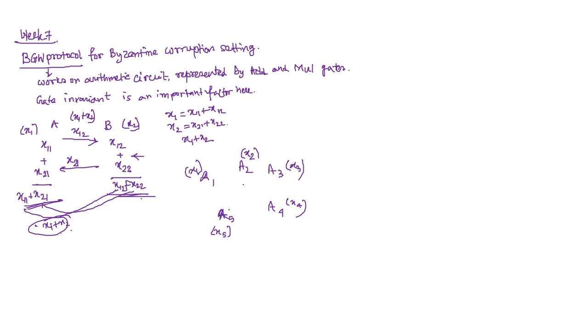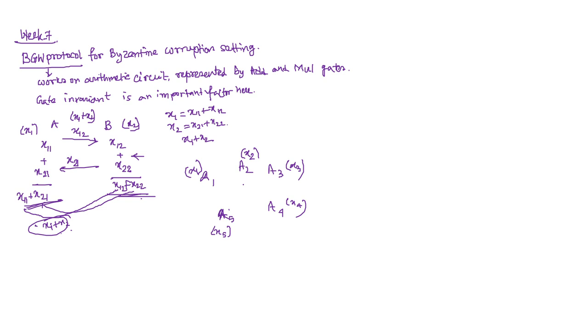That is the beauty of the linearity of Shamir secret sharing and the gate invariant of the BGW. However, all this works in a semi-honest setting, where the adversary just looks at the transcript or the communication between the parties, but does not tamper with them or modify the contents. So it does not participate actively.